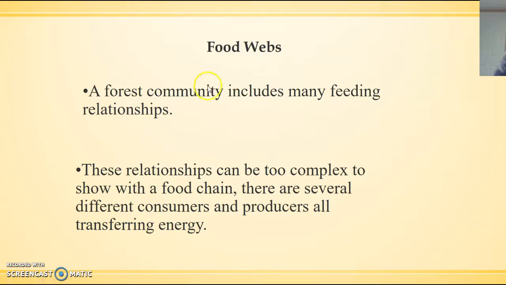And so without those spider monkeys, the trees will not have those seeds spread and they can kind of die off. So these relationships can be extremely complex to show with a food chain, which is why we integrate them into food webs. We kind of mix them all together. Our food web shows how all that energy flows from the sun to those other organisms.